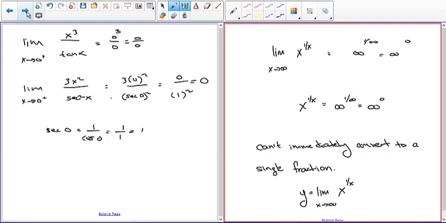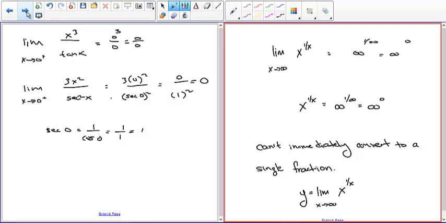And the last one that we're going to look at today is: what is the limit as x approaches infinity of x to the 1 over x. If you plug in infinity, you'll get infinity raised to the 1 over infinity, but 1 over infinity is 0, so you get infinity to the 0 power. So how do we deal with it?